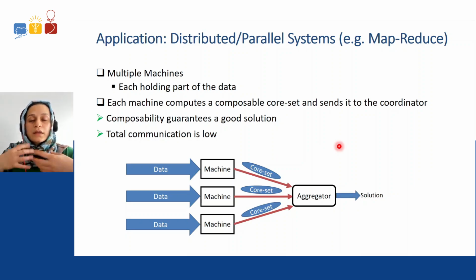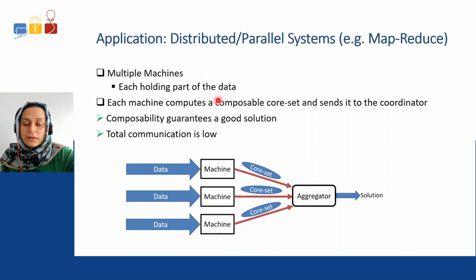The aggregator can then compute a solution for the union of the summaries it has received. Because of the composability property, the solution computed at the end is a good approximation for the union of the data held by all machines. And because the coresets have small size, the total communication is low. So if the problem admits a composable coreset, then suddenly we can solve it in a distributed setting.